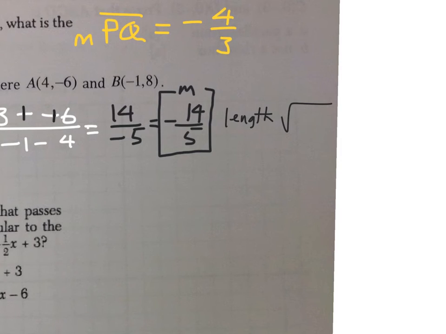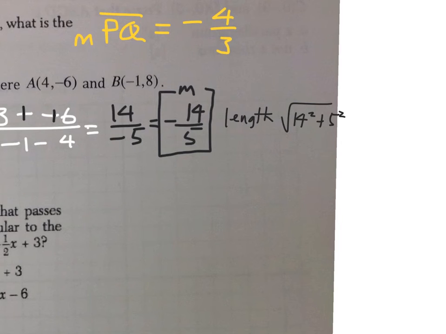So I'm taking the 14, squaring it, and adding it to the 5 squared. Remember, you don't have to include the negative sign there because the negative would be squared away, leaving a positive answer anyway.